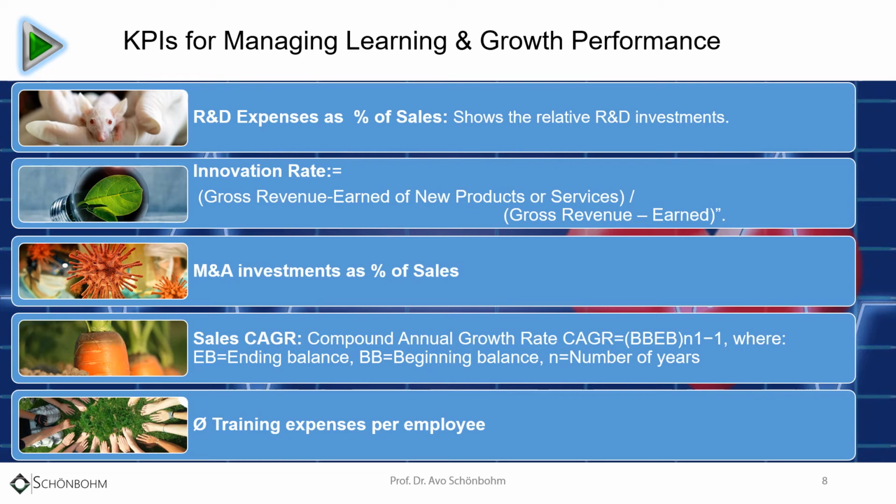Good. Let's talk about number 4, the sales CAGR. For those of you who've done the financial analysis video, you probably know that it's the compound annual growth rate. It's the average growth rate over certain years.